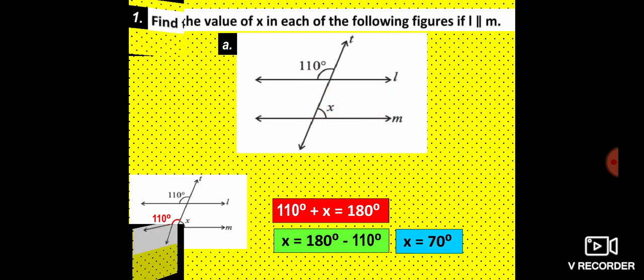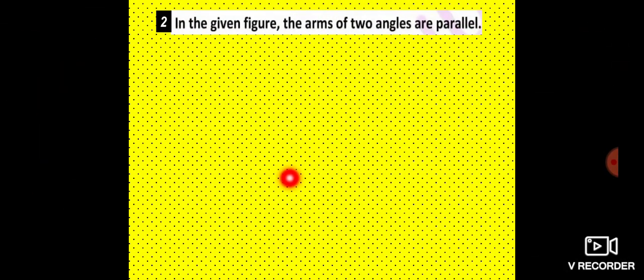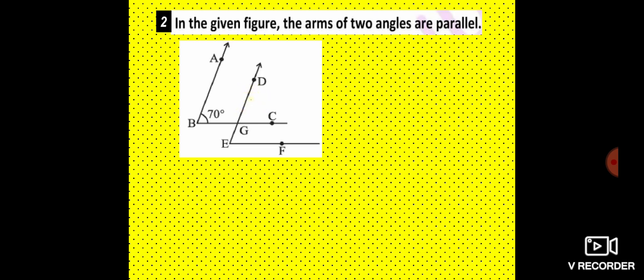Okay. Let's move to the second question. In the given figure, the arms of two angles are parallel. Here you are given one figure. Angle ABC is one angle, angle DEF is the second angle, and one more angle, angle DGC.